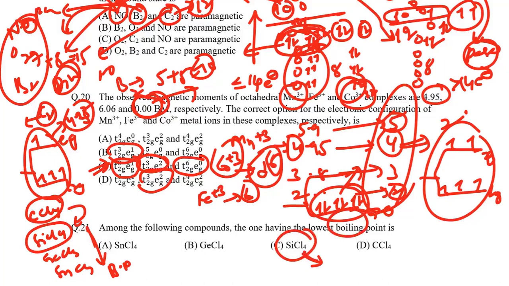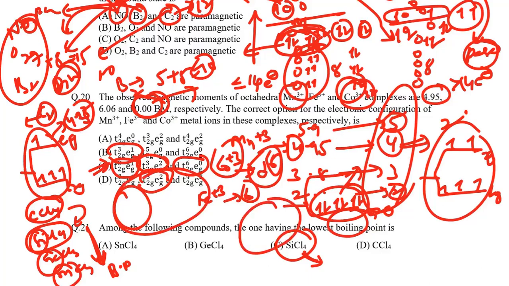Whenever we move down in a group, we know that the size of the metal, from silicon to germanium and germanium to tin, increases. The size increases, which leads to an increase in the size of the molecule. Then we can say the van der Waals interaction forces increase between the big sized molecules.